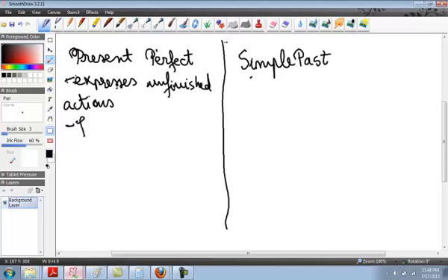Or finished actions, but in someone's life who is still alive.